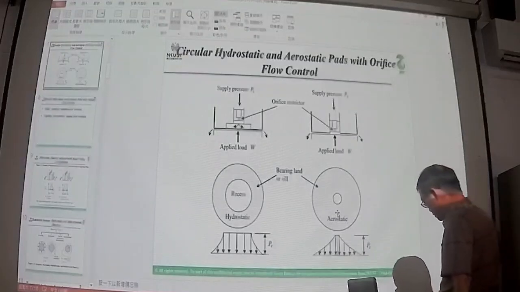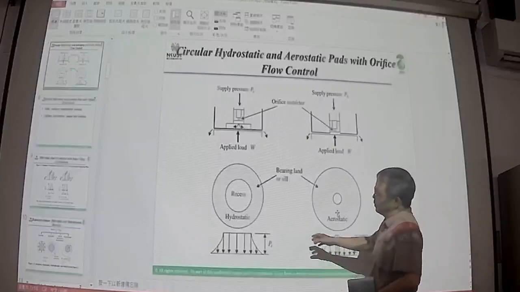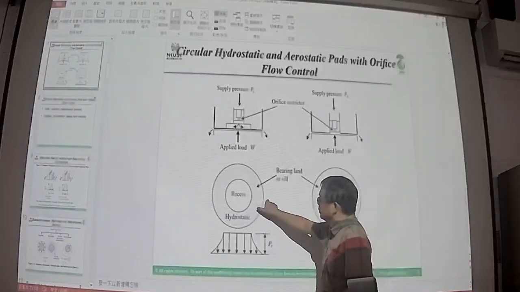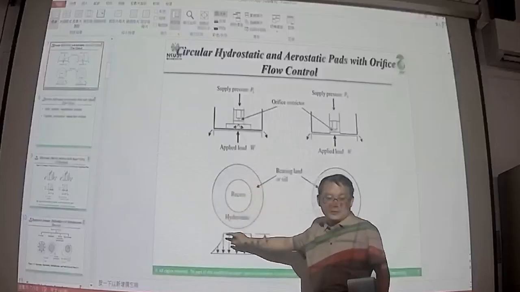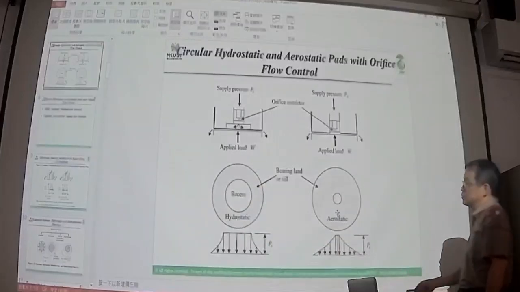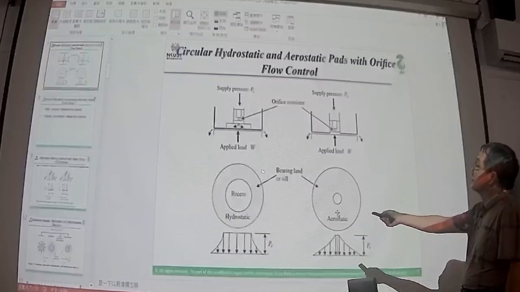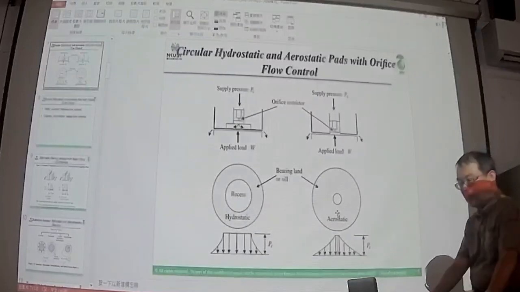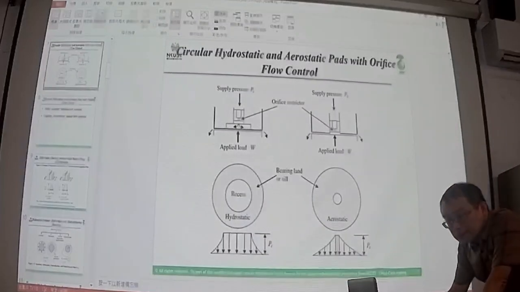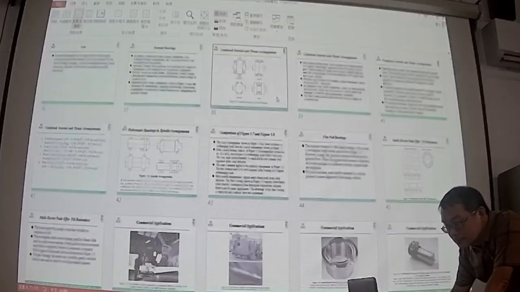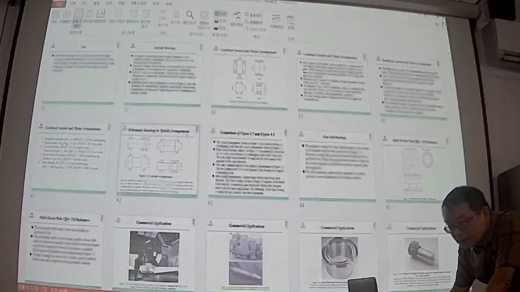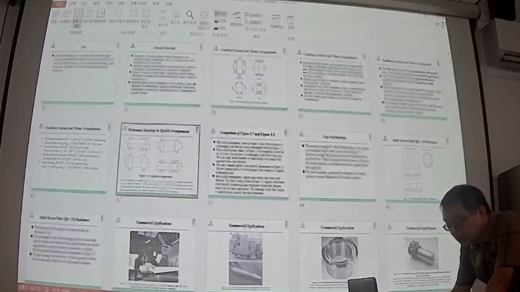So you have the angular rate for the thrust system. So this is the thrust theory, and we can look at it slowly.